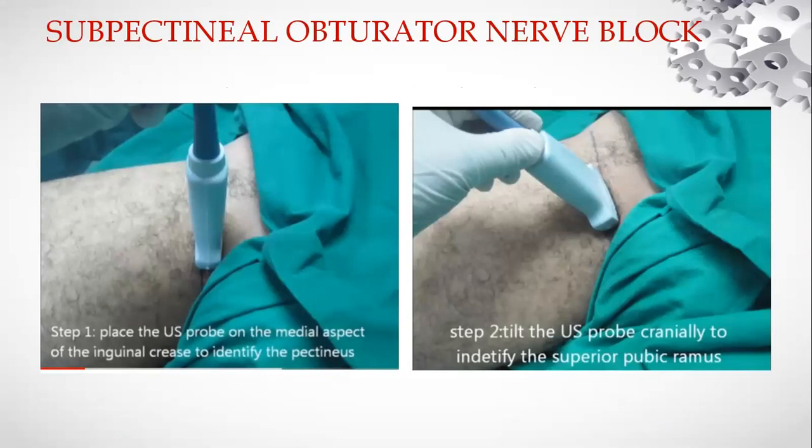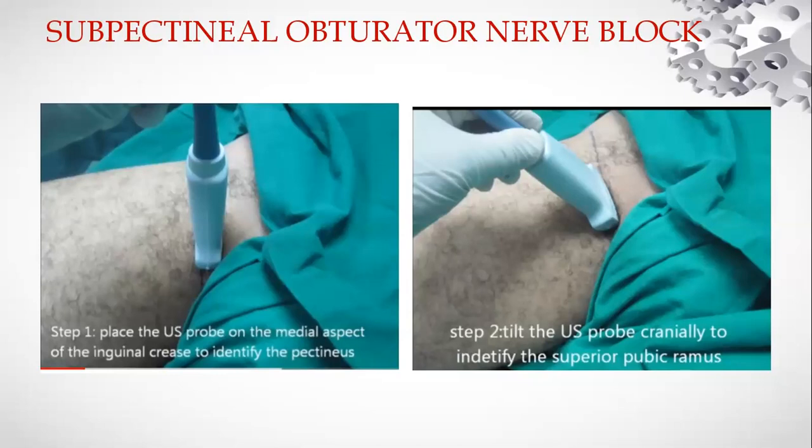So as we know, the infrainguinal or the traditional obturator nerve block that we do, in which we are blocking the anterior and the posterior division of the obturator nerve. So that is between the adductor longus and brevis, the anterior division, and adductor brevis and magnus, we are blocking the posterior division.